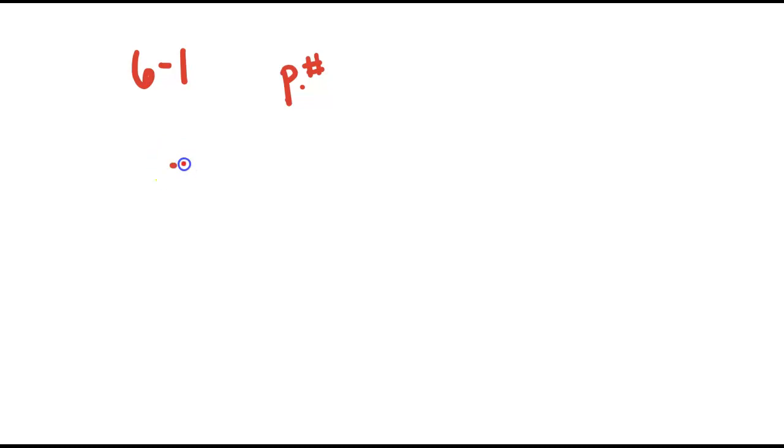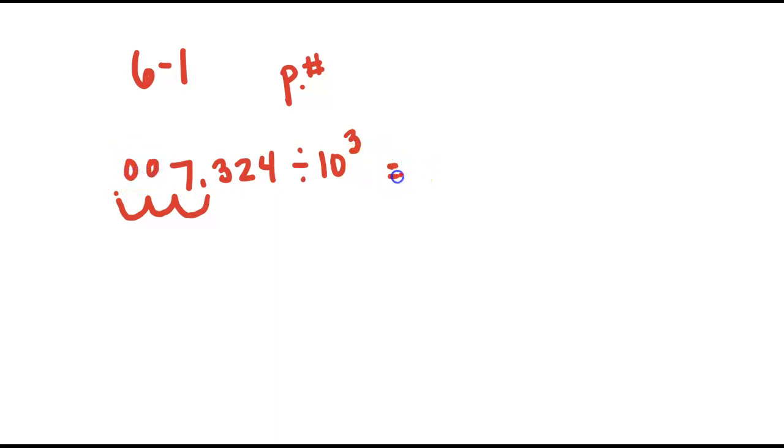So if I have 7.324 divided by 10 to the third, I'm going to look at this exponent. This is going to tell me how many places to the left I need to move. So I'm going to take this decimal and I'm going to go 1, 2, 3. There's my new decimal. And I'm going to fill in these holes with zeros. So my new quotient is 0.007324.